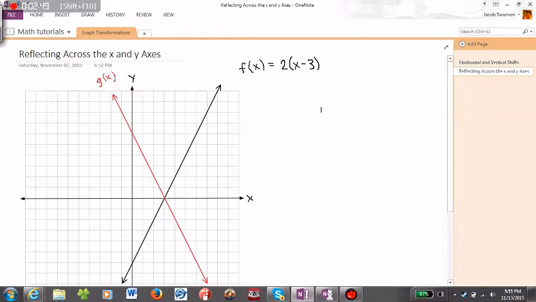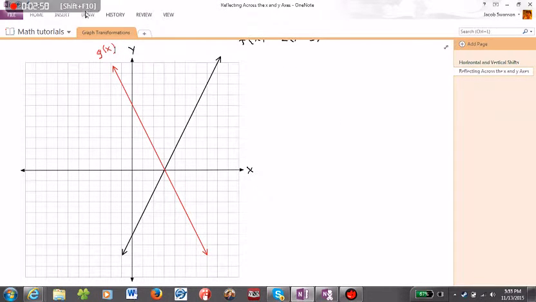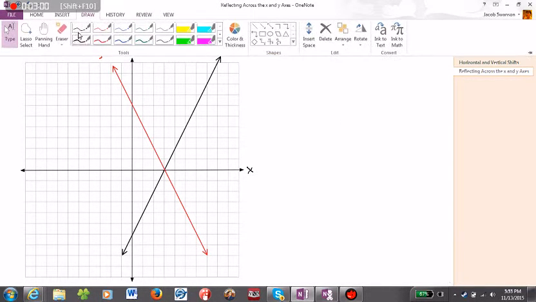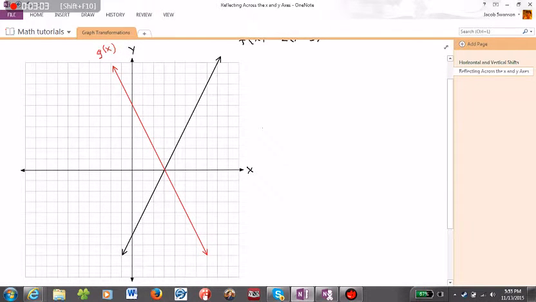So we want to go from f of x to g of x, and we want to know what we have to do to f of x to get this line. What we have to keep in mind is that on the g of x line, all the f of x values that were positive are now going negative, and all the negative values are now positive with respect to y.